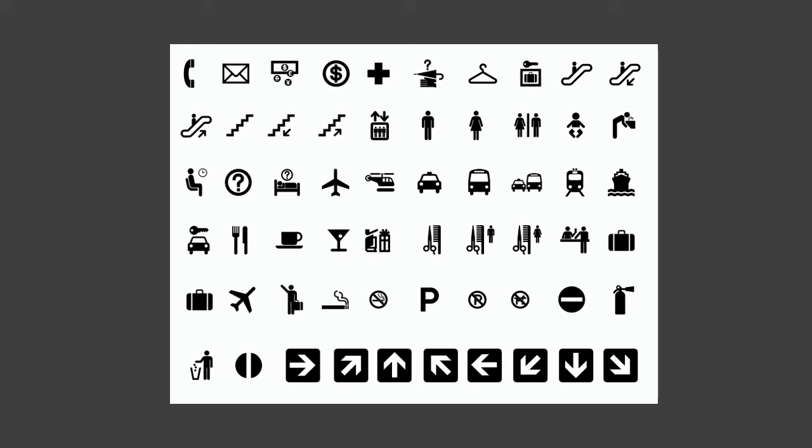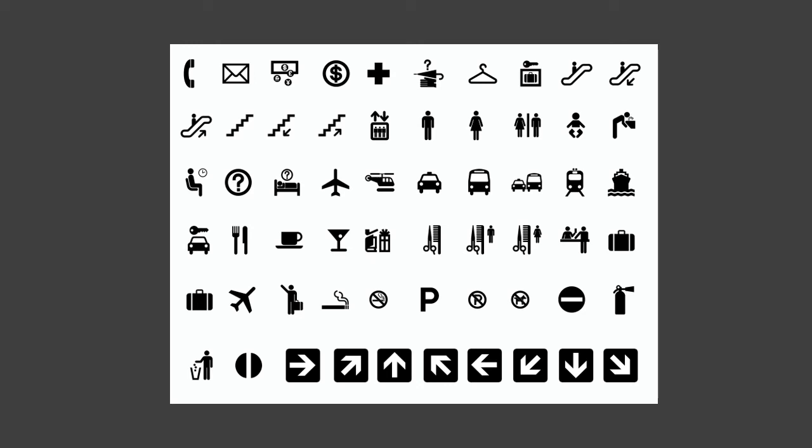Things like the NASA logo and the United States Postal Service identity. But one of their largest accomplishments was the standardization of the federal highway signs. And these are some of the signs, which again, you're all quite familiar with.